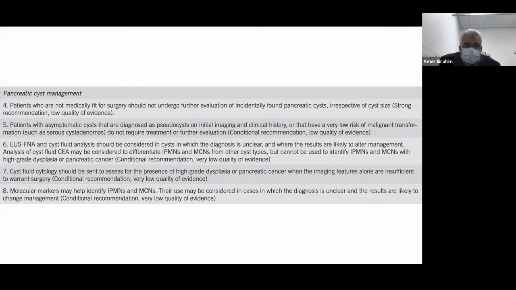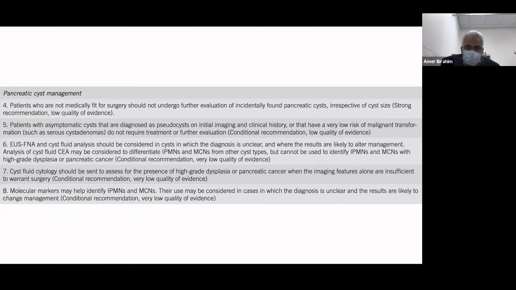Now, if we get a cyst, what are we going to do with the cyst? First of all, we need to do the imaging, do the EUS to be sure this is an IPMN and not a pseudocyst or other lesions which we described before, like MCN, serous cystadenoma, or solid pseudopapillary tumor, which need resection.